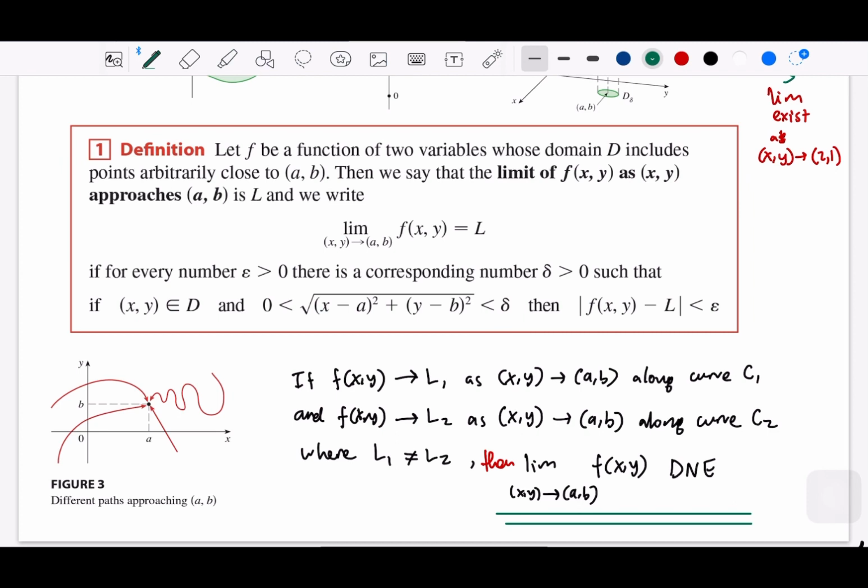So as usual, if we know the limit exists, then the next part is continuity. Okay?